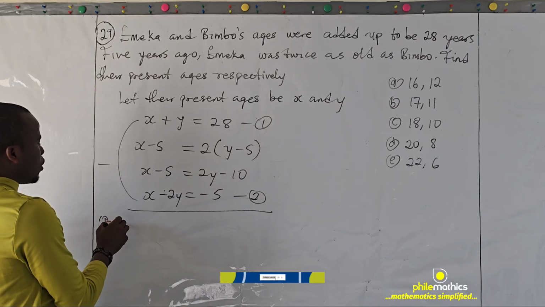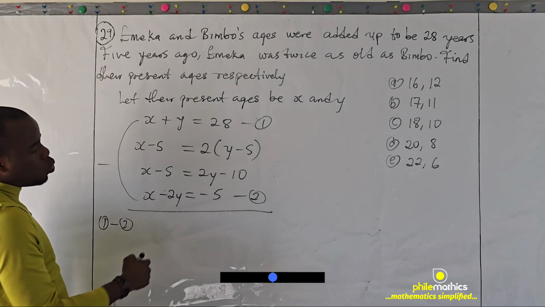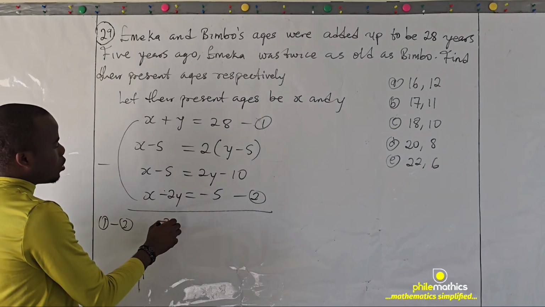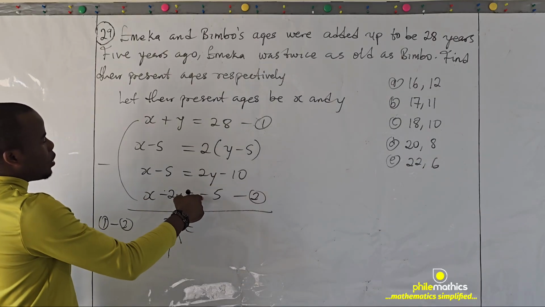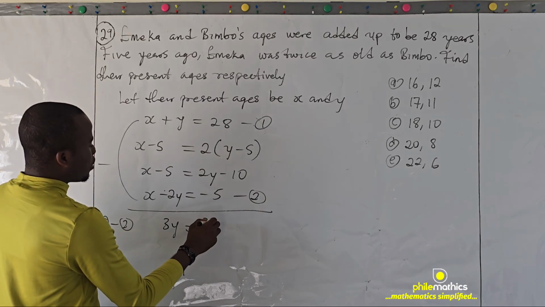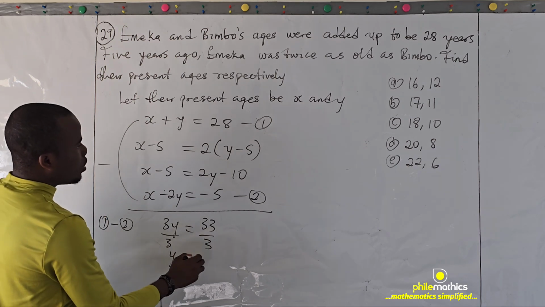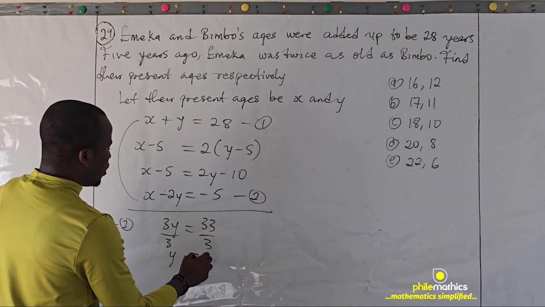Equation 1 minus 2, this x is gone. Y minus minus 2y is plus 3y. And 28 minus minus 5 is 33. So I can divide both sides by 3, so that my y is 11.